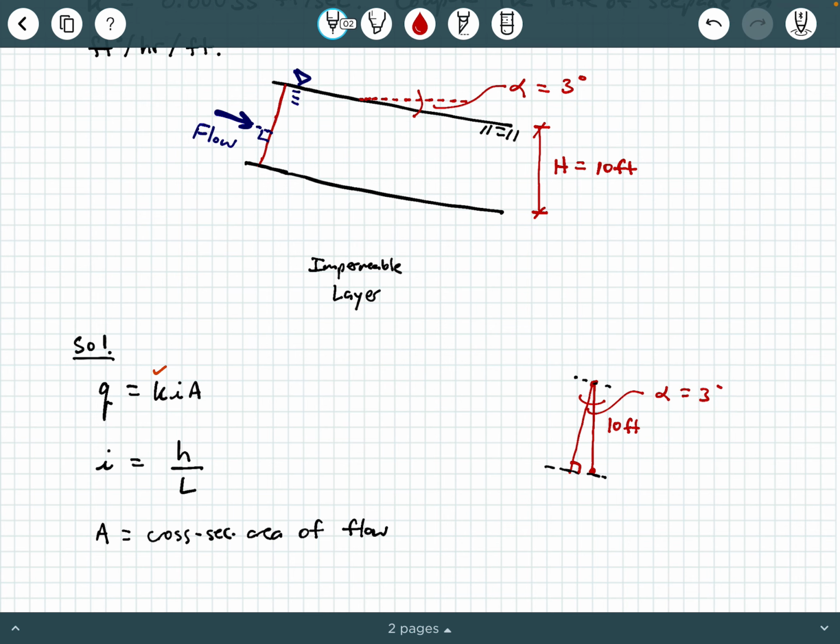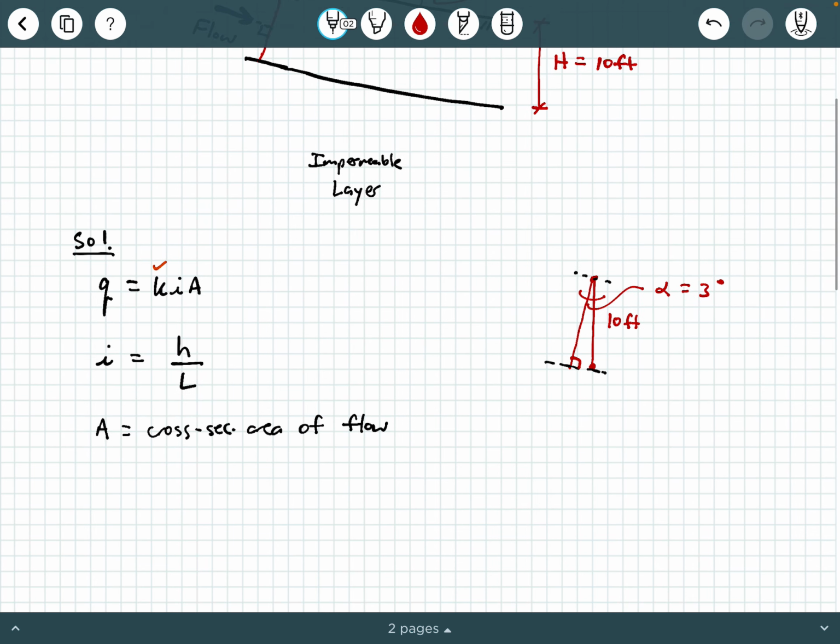Alpha is 3 degrees. And so we can do some very basic trigonometry, and we can say that cosine of alpha is going to be equal to, what's the definition of cosine? Well, it's adjacent over hypotenuse, right? So we can say the cosine of alpha is this length right here, okay? And I'm going to call that maybe little l.